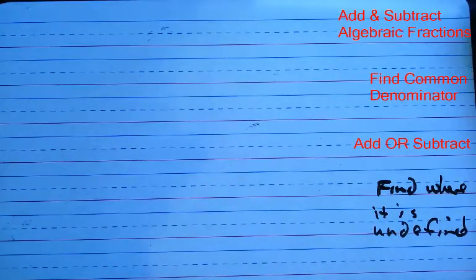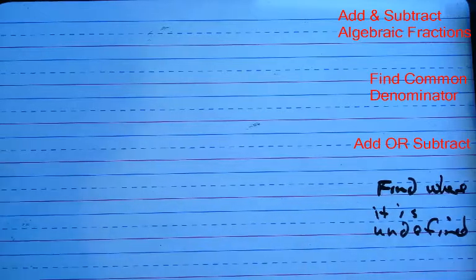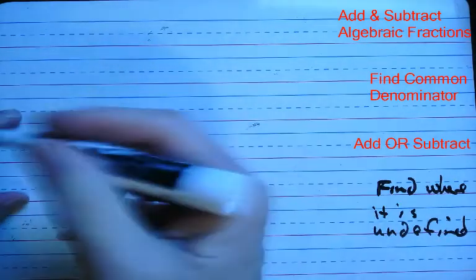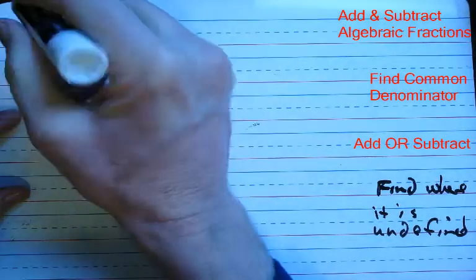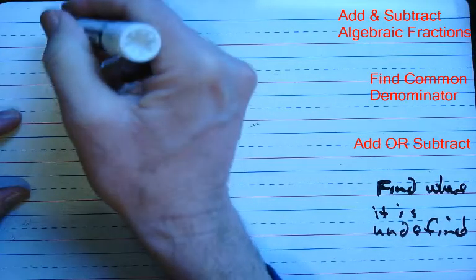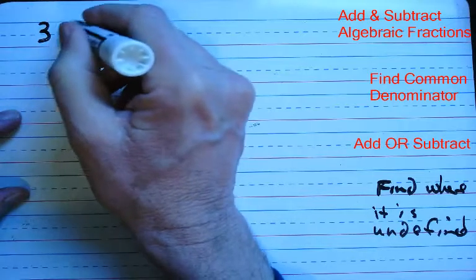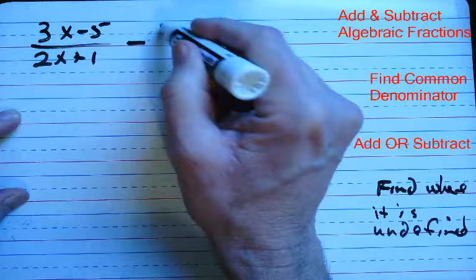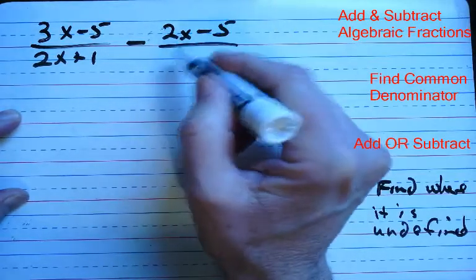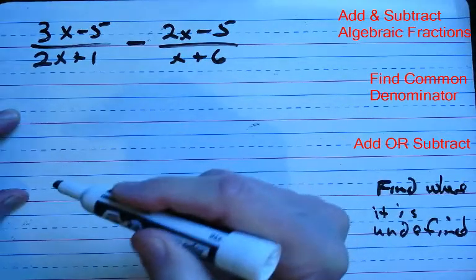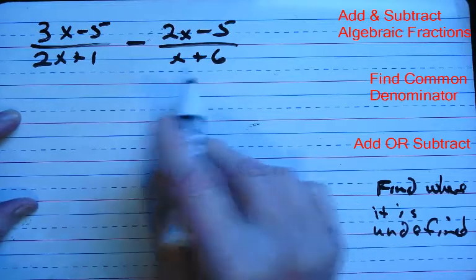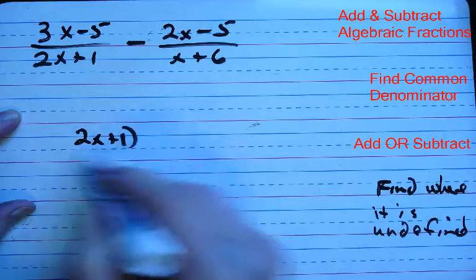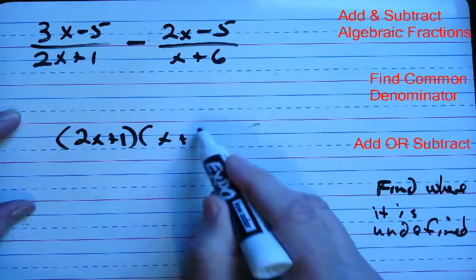Okay, let's try one where we subtract. Is that going to be too hard? Nah. Okay. 3x minus 5 over 2x plus 1 minus 2x minus 5 over x plus 6. How about that? Okay, so once again, we know what the common denominator is. It's 2x plus 1 and x plus 6.